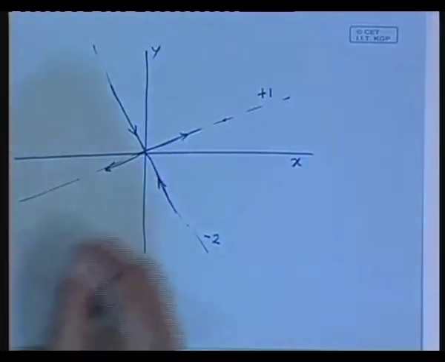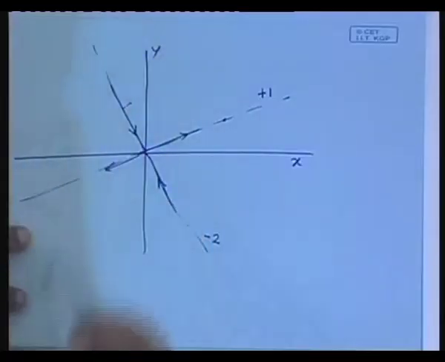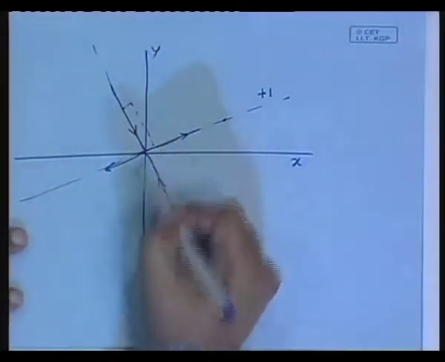If there is any initial condition elsewhere, say here, what will happen? How will the orbit be like? Again, drop a projection on this and drop a projection on that.